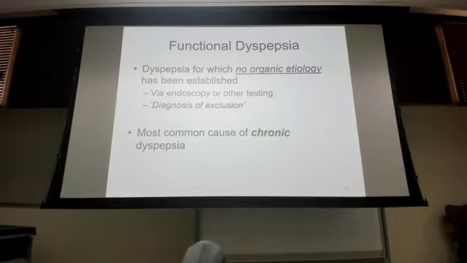Or you have ongoing symptoms, but you found no lab, no imaging to rule out other more serious issues. That is functional dyspepsia. No organic etiology. Diagnosis of exclusion, but it's the most common cause of chronic dyspepsia. Notice chronic, not acute. Most common cause of chronic dyspepsia.